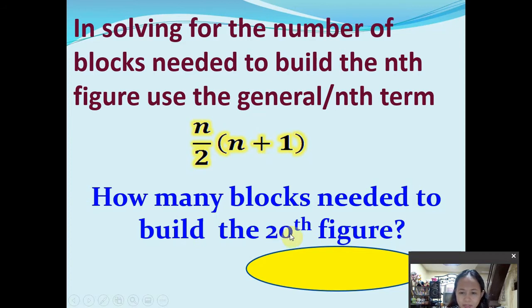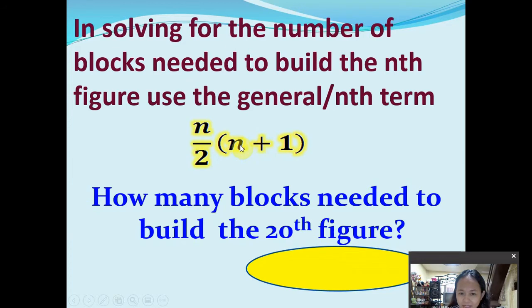So our figure is the 20th figure. Therefore, our last term, last number is 20. So we will replace n with 20. So it's 20 divided by 2, that is 10. Then 20 plus 1 equals 21.